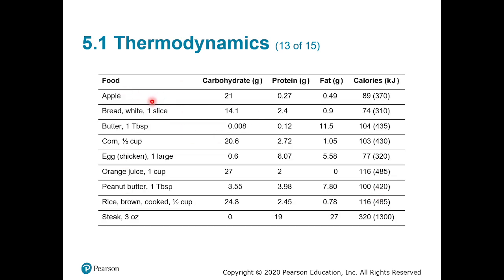Here we have some common food items broken down into their carbohydrates, protein, fats, and their calorie counts, which would just be these numbers. This times 4, times 4, times 9, added together, right? Everybody good with that? Okay, fantastic.